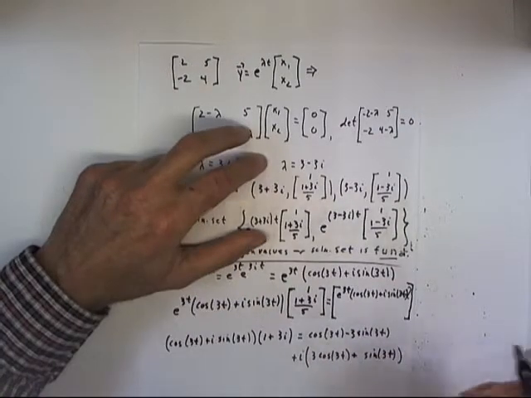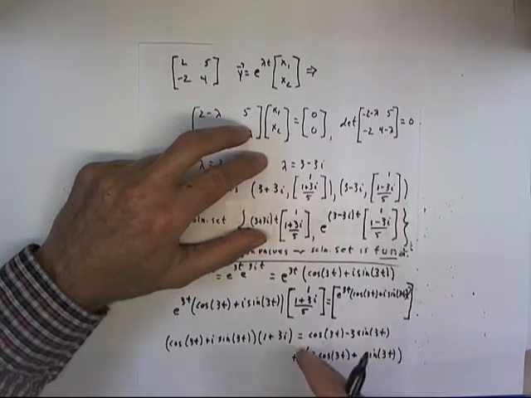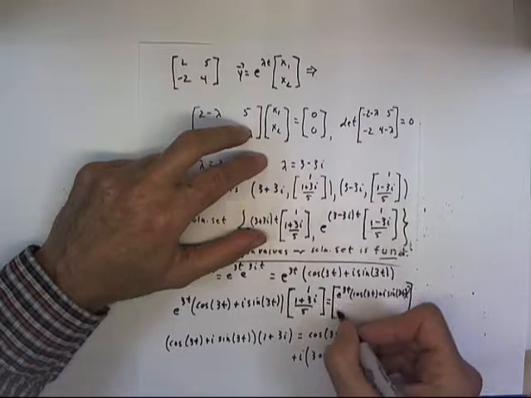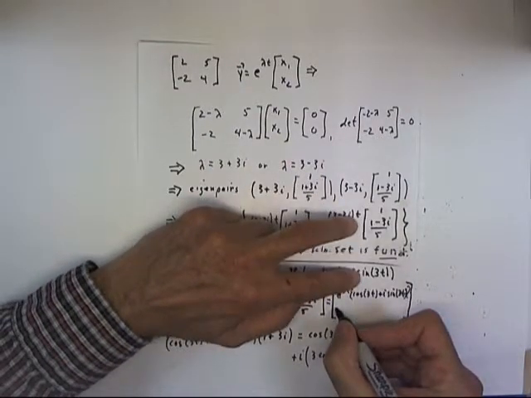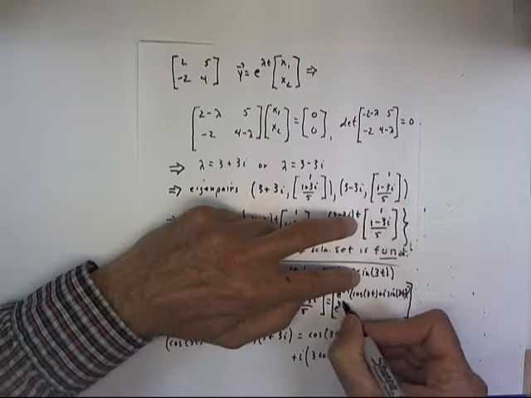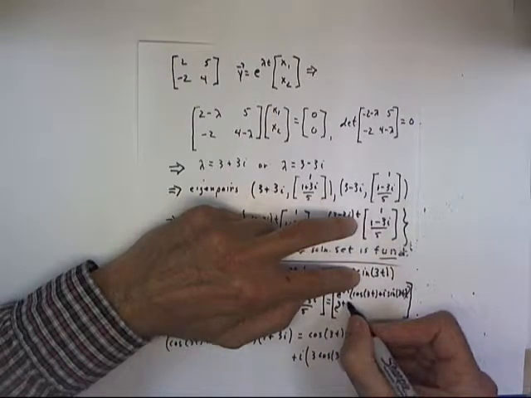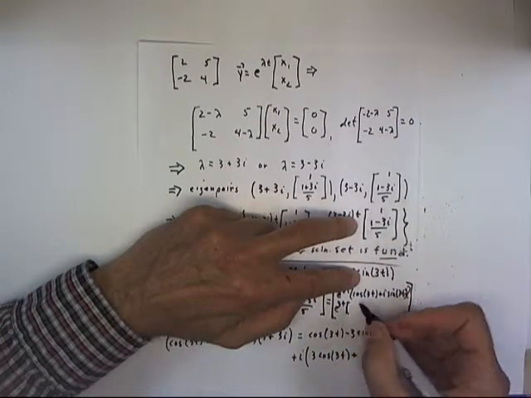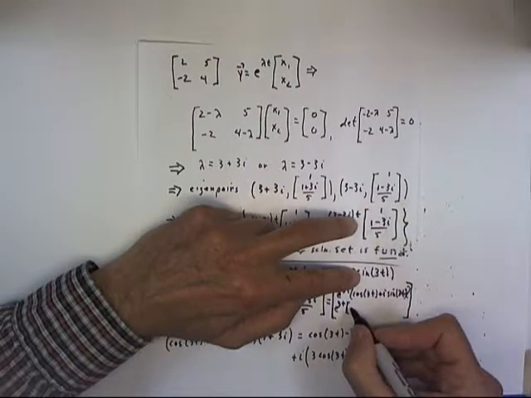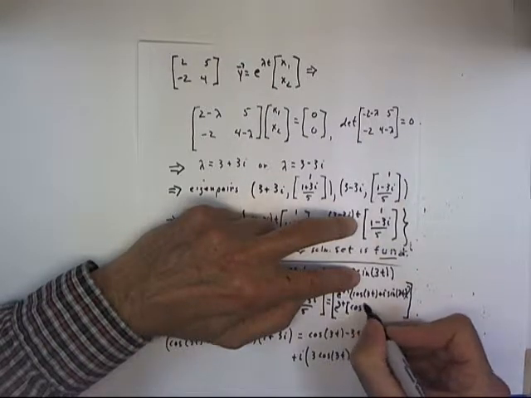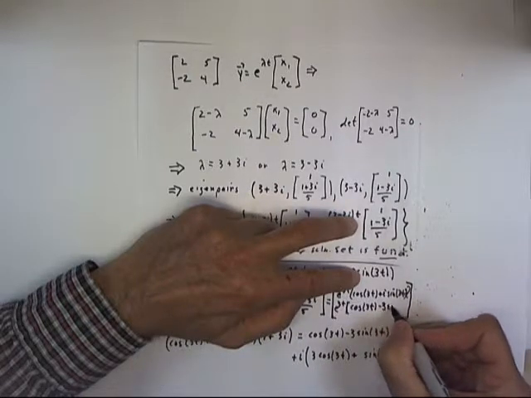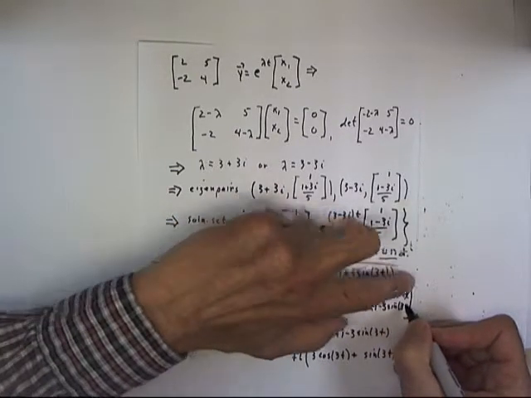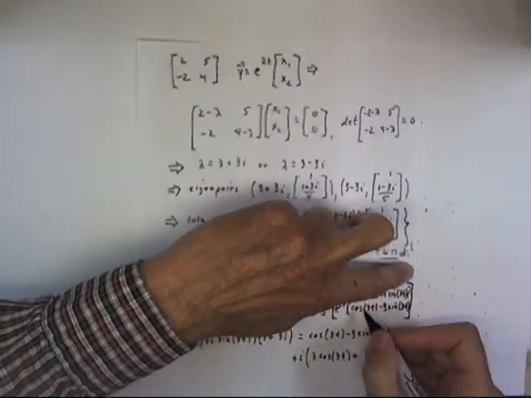And I'm going to have to write kind of small to put this in here, but we'll write it a little bigger on the next page. So we're going to have e to the 3t multiplied by, first of all, cosine 3t minus 3 sine of 3t.